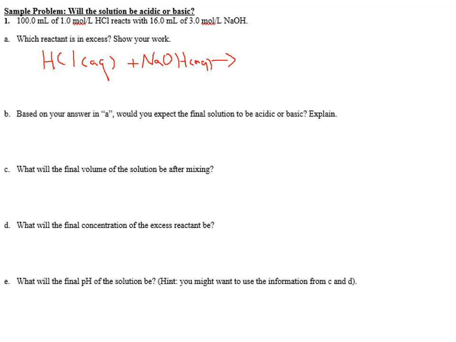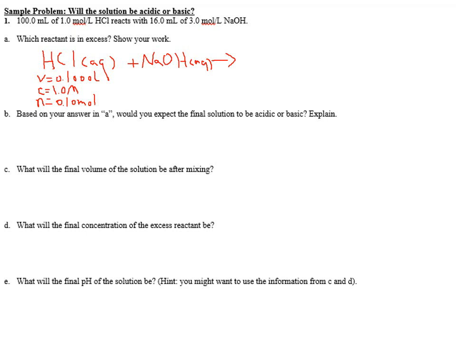So let's write everything in here. The volume over here is going to be 0.1000 liters, there's 4 sig figs. Our concentration over here is going to be 1.0 molar. So our number of moles is going to be C times V, 0.10 moles. Now we'll try the same thing over here.